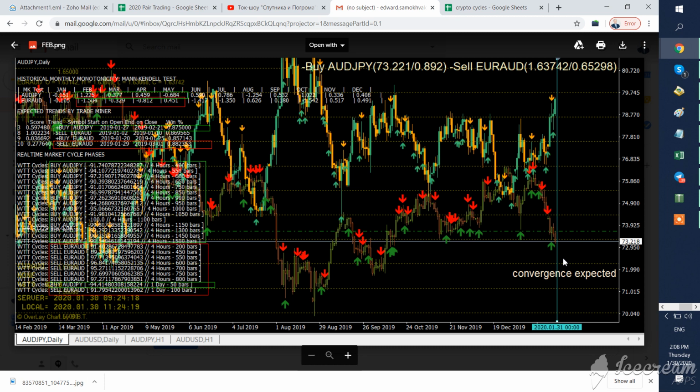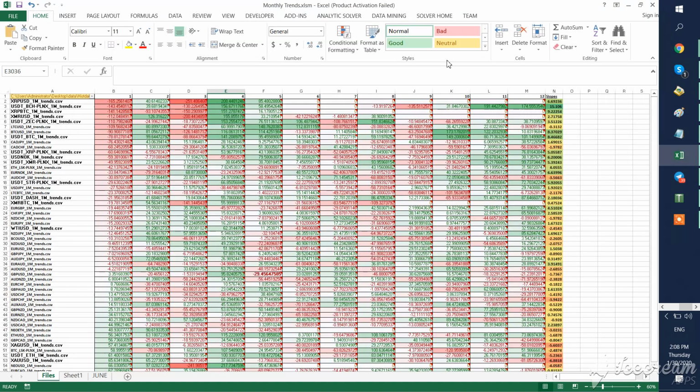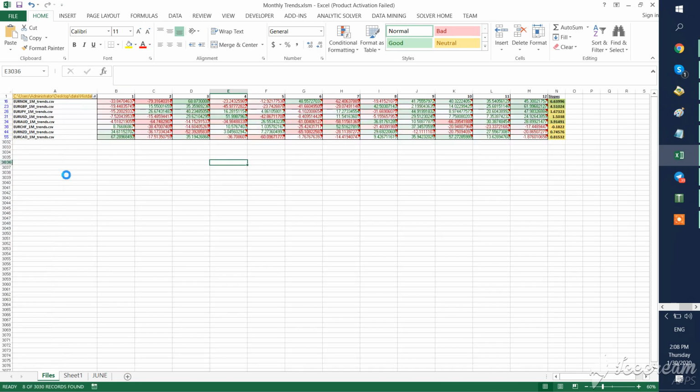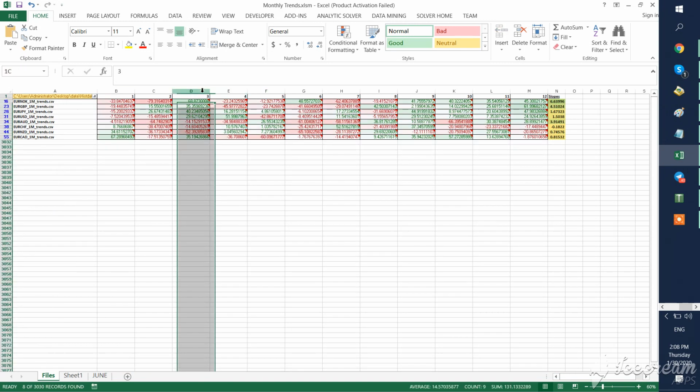All right, I just wanted to share with you the result of my developments over the couple of months. As you remember, I used to have these monotonicity charts. This is historical monotonicity of different instruments, a huge matrix like that. First we can check it by every month and so on.